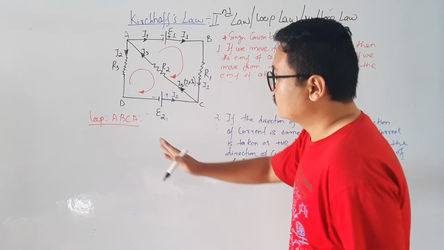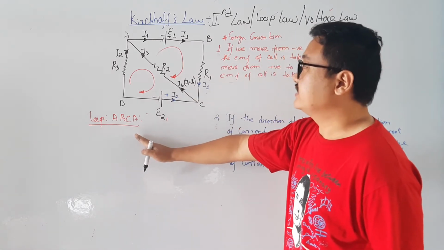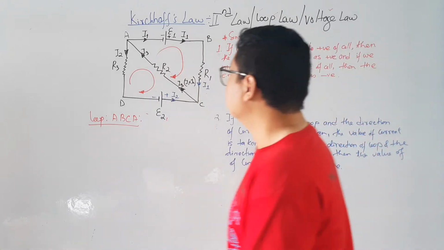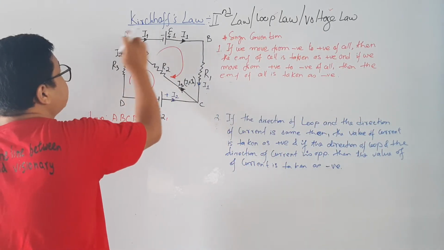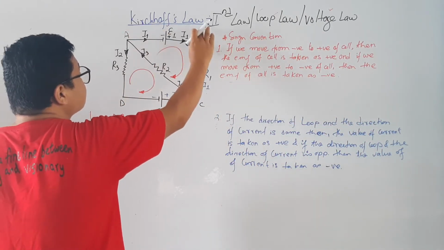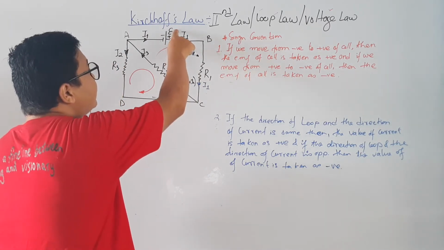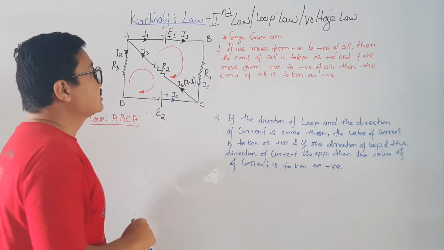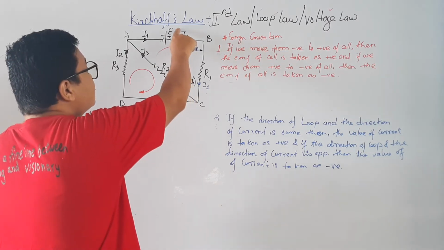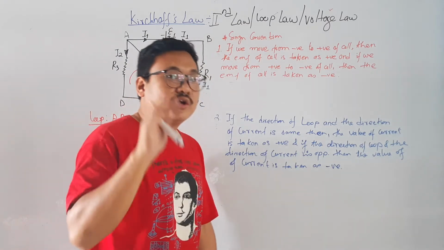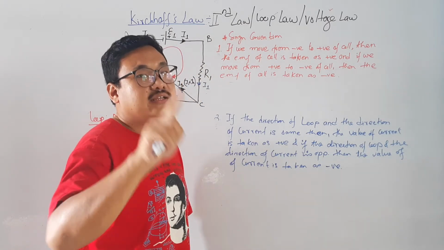Now let us go to the loop A, B, C, A. Now from A to B, there is no resistance, that is, there is no potential drop, but there is an EMF. So let us write the value of EMF. To do so, we have to consider the sign convention.